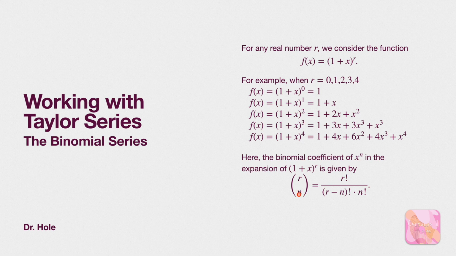Look at the lower value, n, place that in the denominator as a factorial, and product it with the difference of the top value and the bottom value, quantity factorial. Nice?